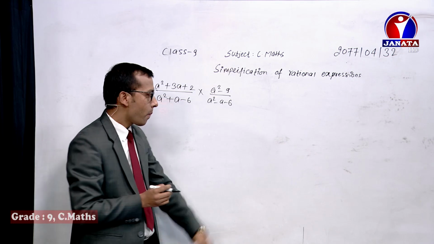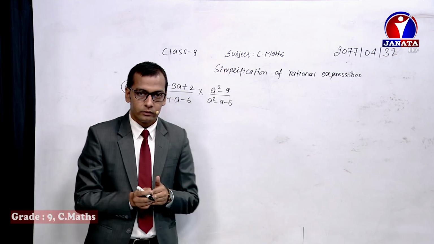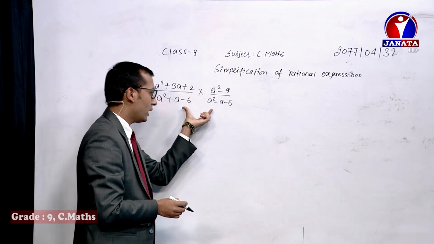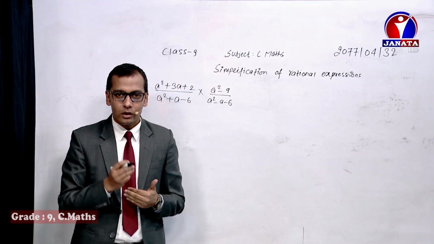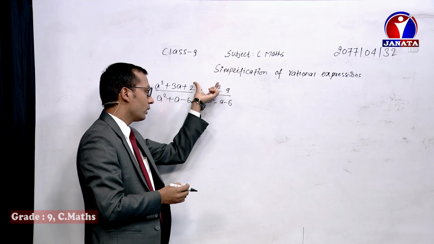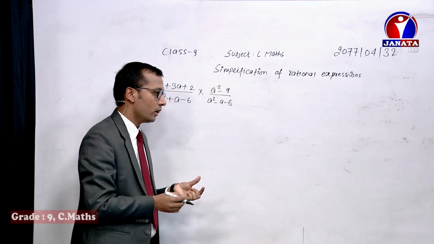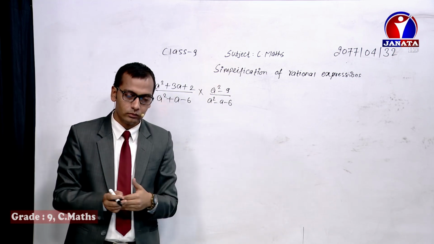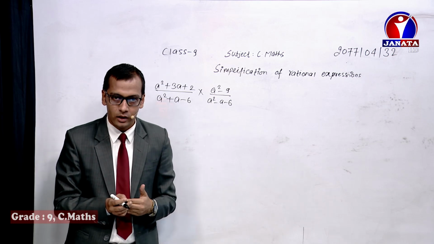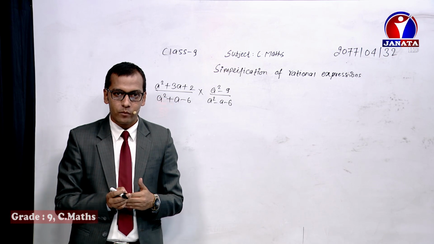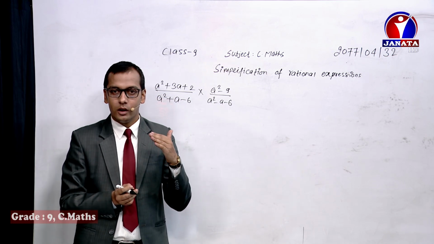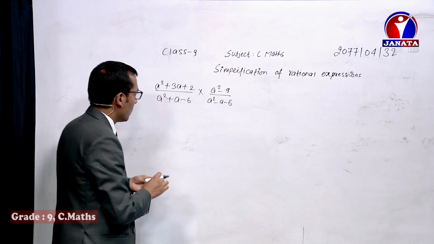So first step, factorization of numerator and denominator. Second step, we cancel common factors from numerator and denominator because there is multiplication, so we can cancel them. And in the third step, we simplify by writing in lowest terms. So let's begin.